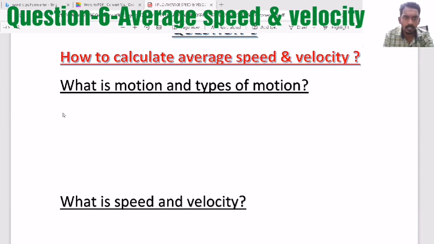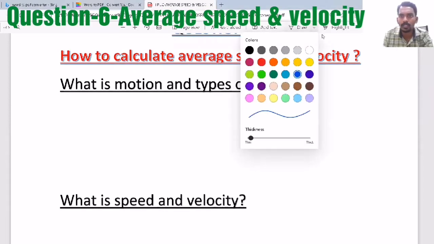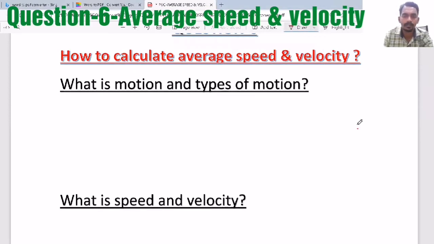The very first thing, motion, is nothing but the movement of a particle. That means when the particle's position keeps on changing, then we say that the body is in motion.